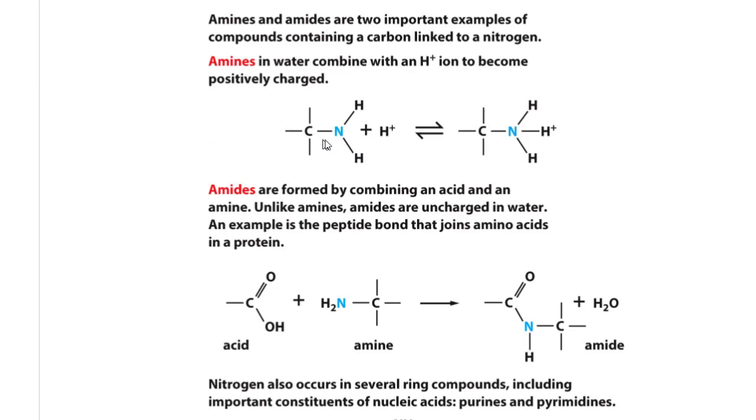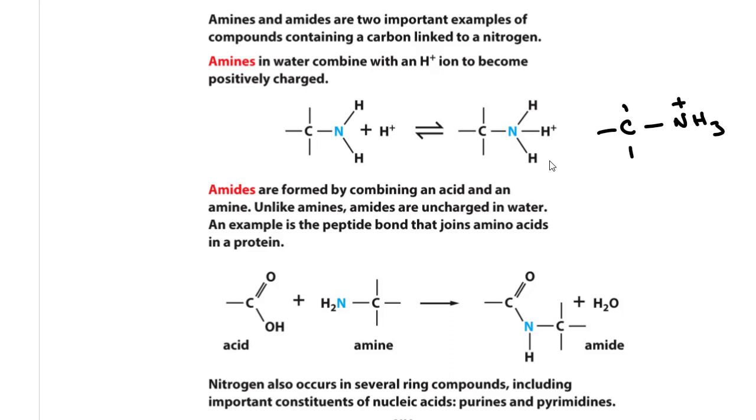The amines, where you have an NH2 group, but at pH 7 it'll be an NH3 group, so you have a full positive charge on this group. So typically this is the way that an amino group or amine group is written, at pH 7. So here's my carbon, NH3 plus.